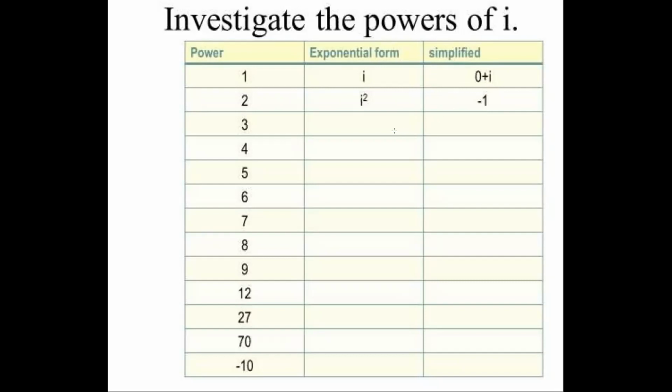Again, if we consider the square of I, that is I square, we all know it is equal to minus 1. So it has only a real part, and obviously every real number can be represented as a complex number also. So minus 1 can be represented as minus 1 plus 0 into I.